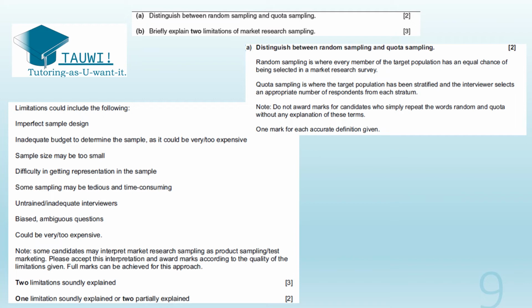Then you are going to use this quota in your sampling. And then explain only 2 limitations of market research sampling. It could always be biased, it could be too small. There's a lot of stuff that you can explain, but they only ask you to. And please explain those 2 thoroughly so you can get your 3 marks.